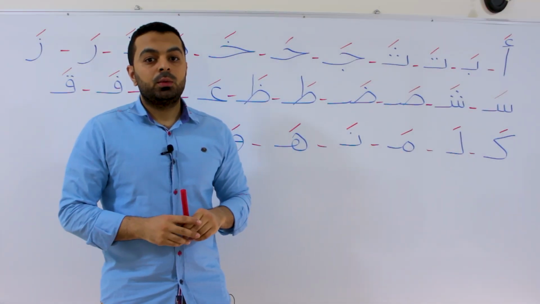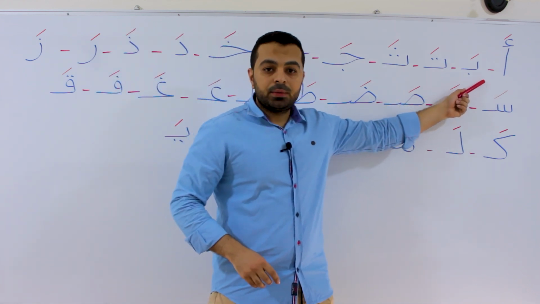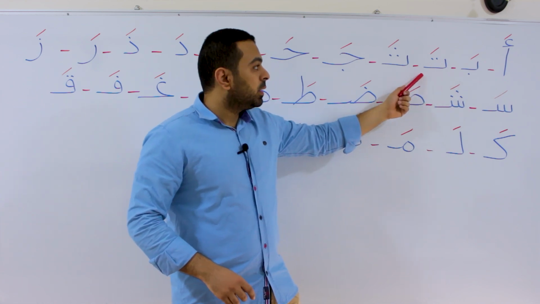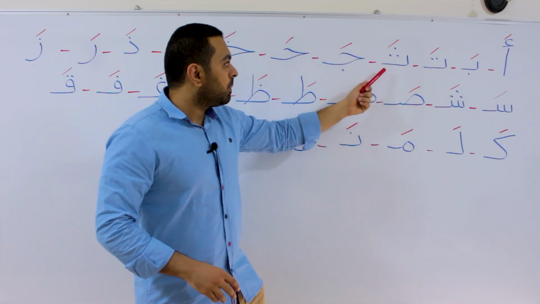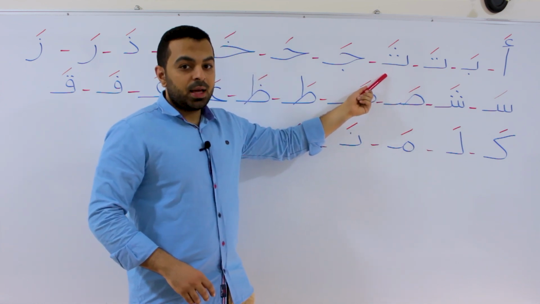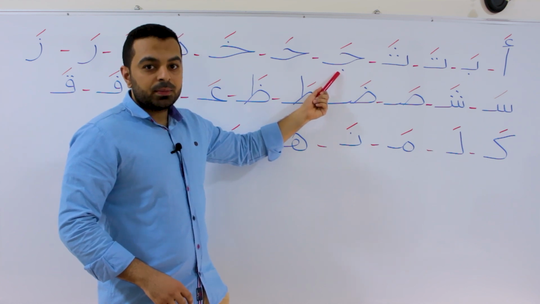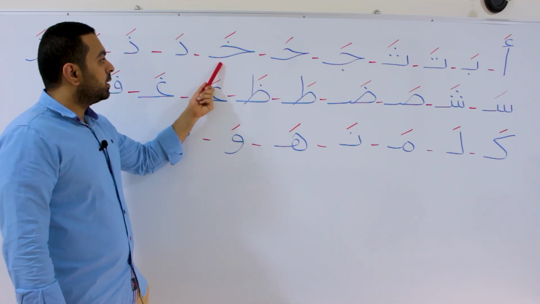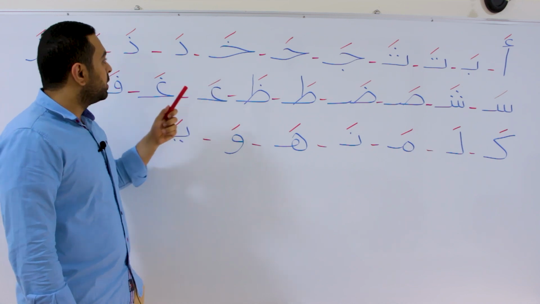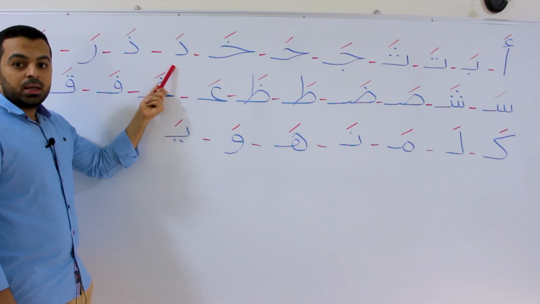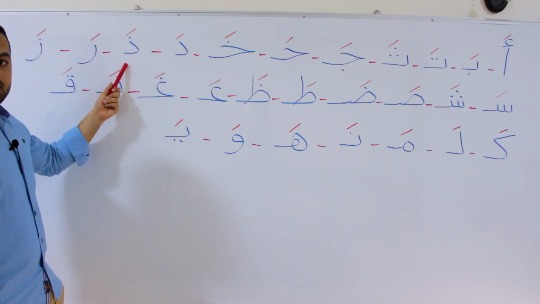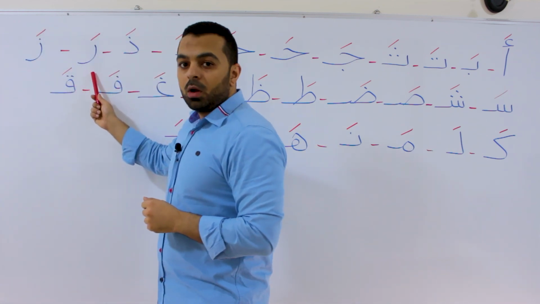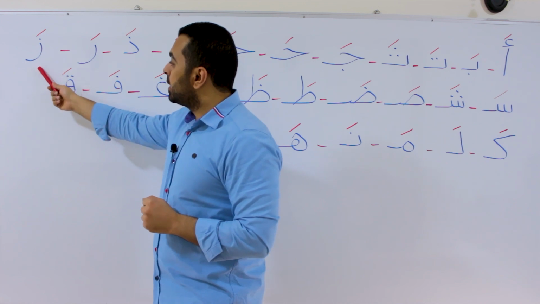The first letter with fatha is a, then ba, ta, tha, ja, ha, kha, da, dha, ra, and za.